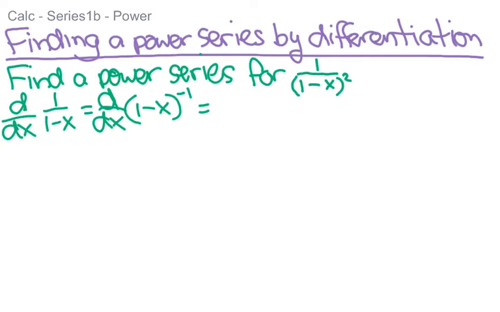And the derivative of this using the power rule and the chain rule looks something like this. Now at this point, this is the power rule. We multiply by the negative 1, decrease the power by 1, and then the chain rule says multiply by negative 1.